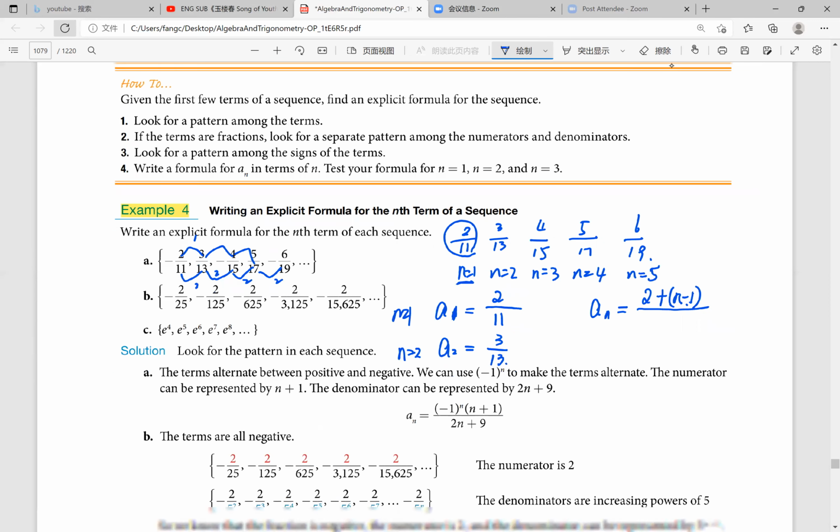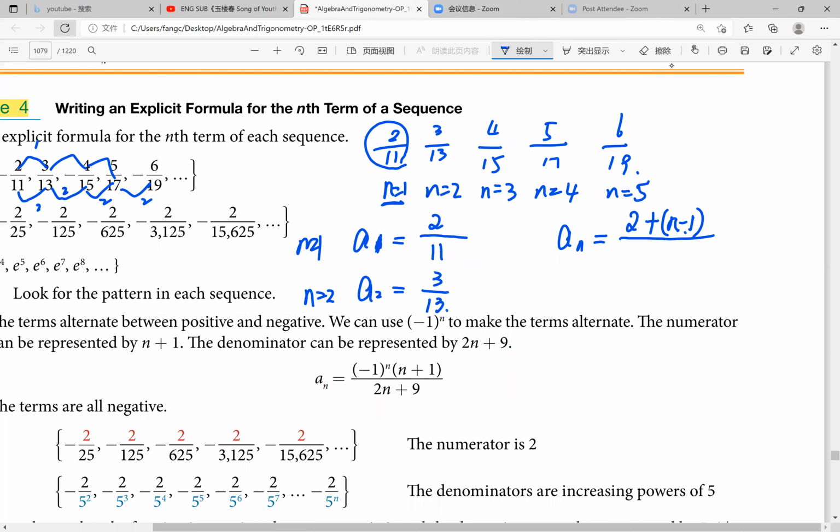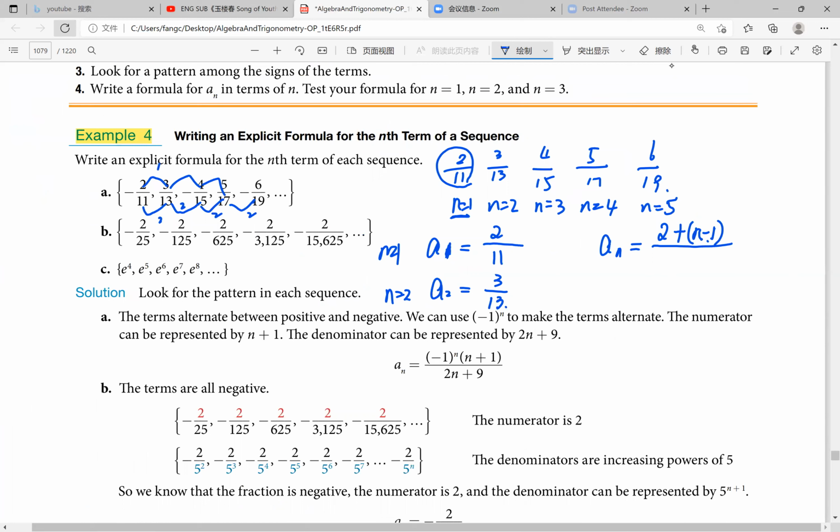And the next thing is the denominator. The first denominator is 11. By using the similar technique, how to do it? Still n minus 1, but the difference is 2, so we need times 2 in front of it.